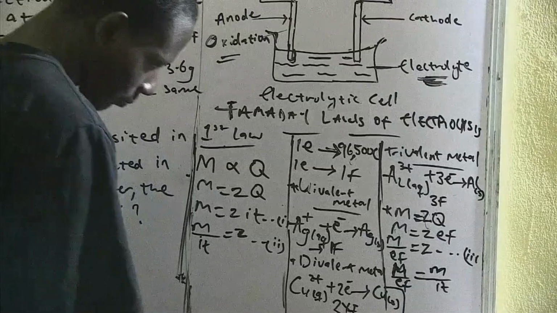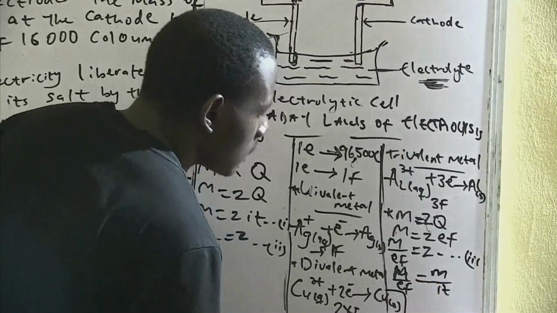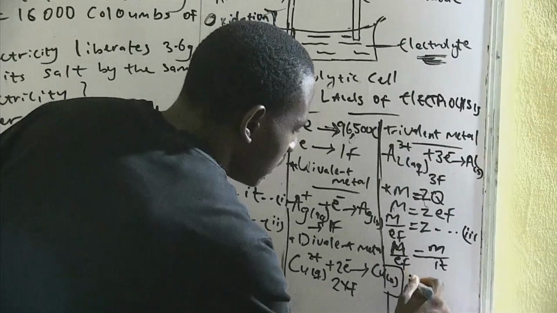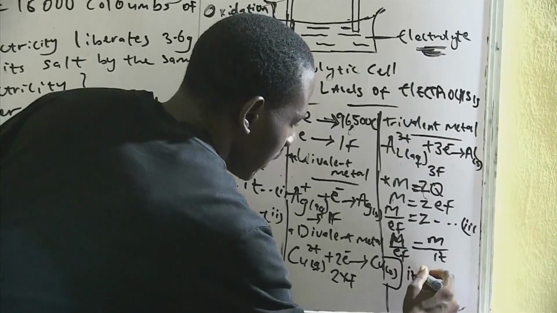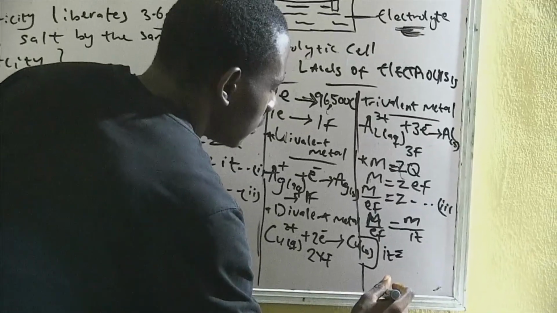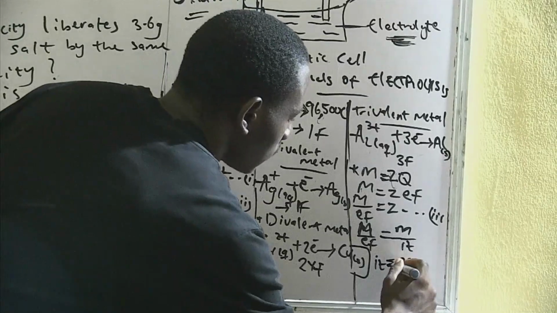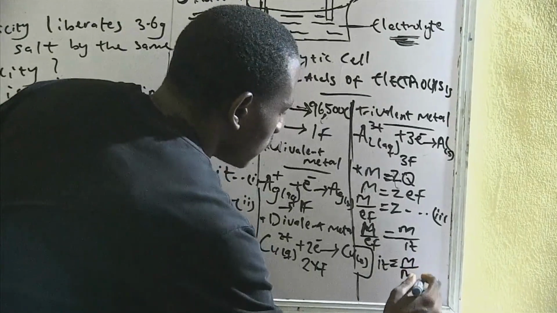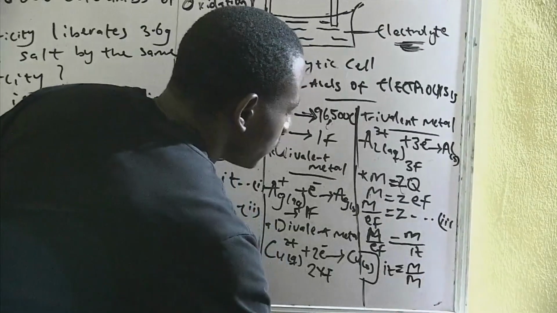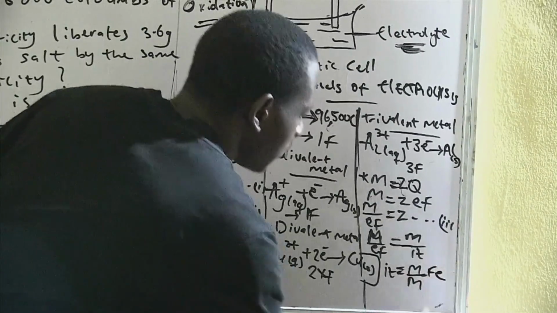Now let's cross multiply. We have IT equals mass over molar mass, then EF.